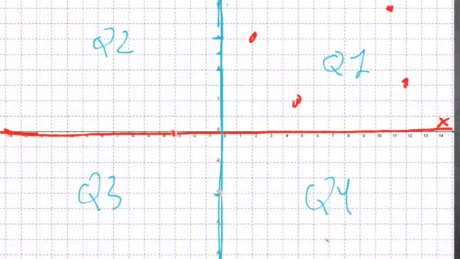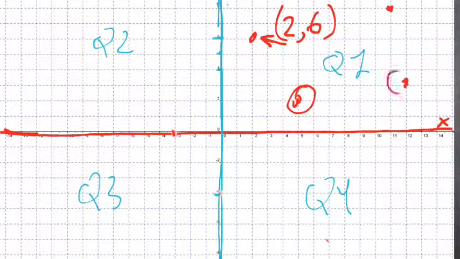Think about it. If you try to write out the ordered pair for this one, it is 2 and 6. That one right there. 2 and 6. Your x is positive, your 6 is positive. Try to go plot all those other ones, and what you'll notice is, again, its x and y value is always positive. So what can we say about quadrant 1 of the coordinate plane?